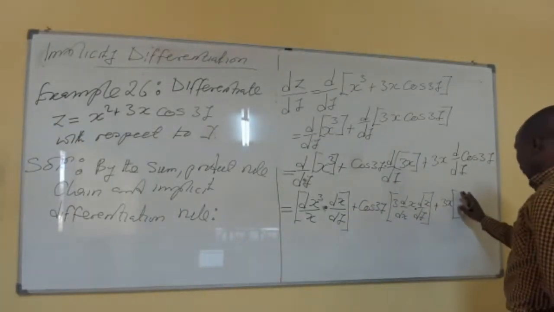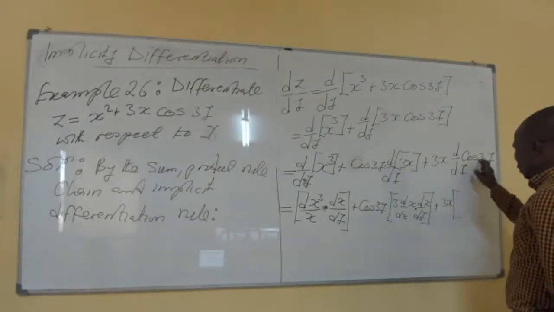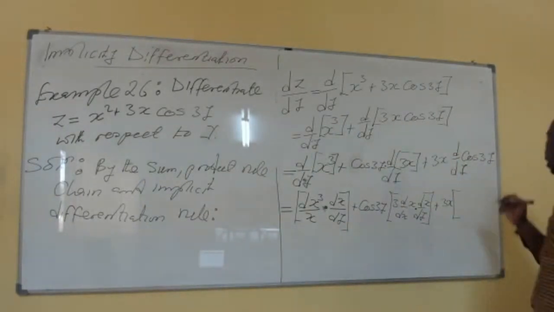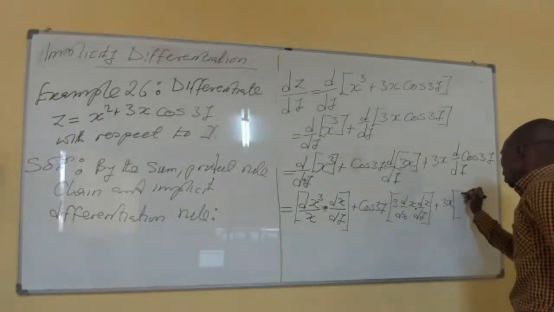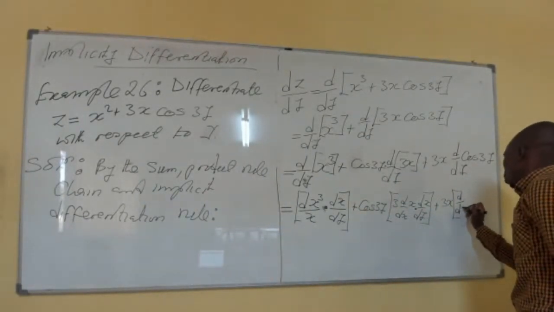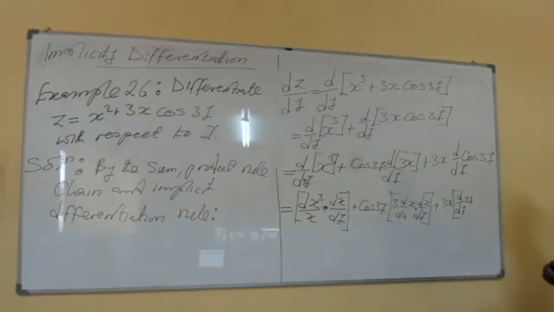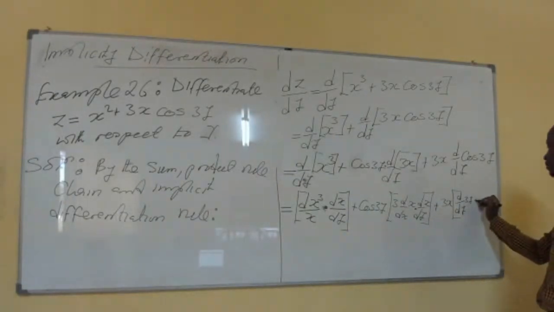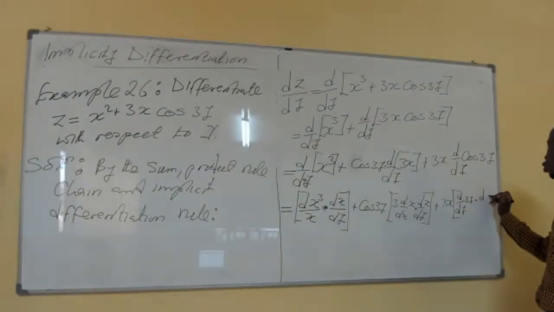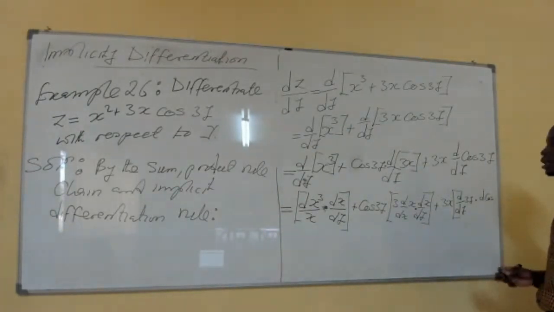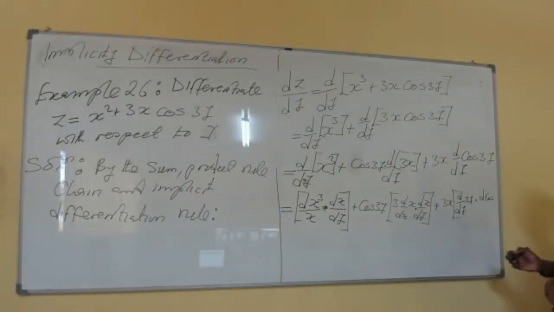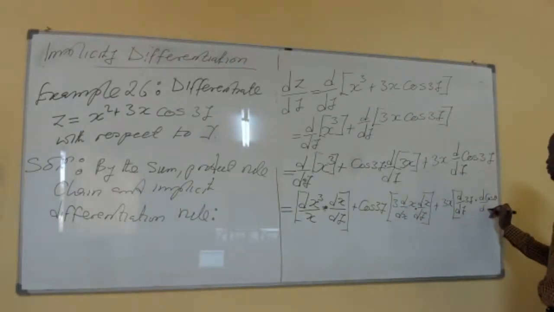The derivative of cos 3y with respect to y is the derivative of 3y with respect to y times the derivative of the cos of theta.